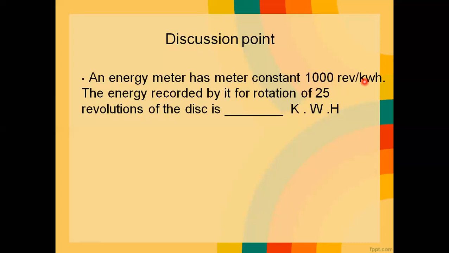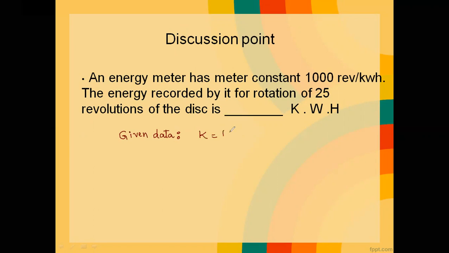Okay, let me solve it for you. Let us write down the given data. The given data is meter constant, which is 1000 revolutions per kilowatt hour.